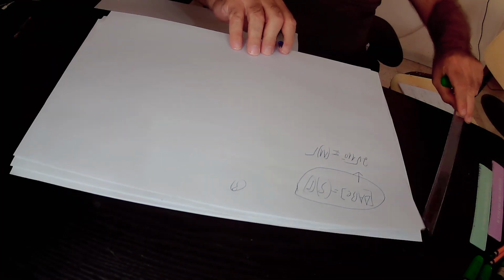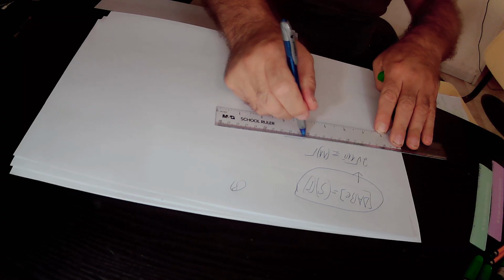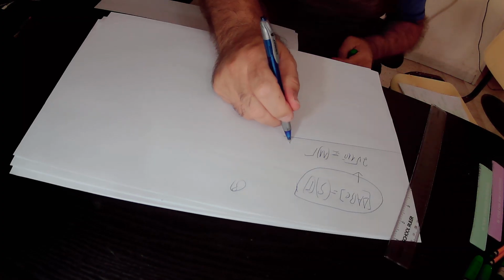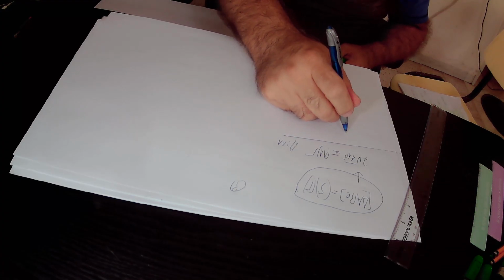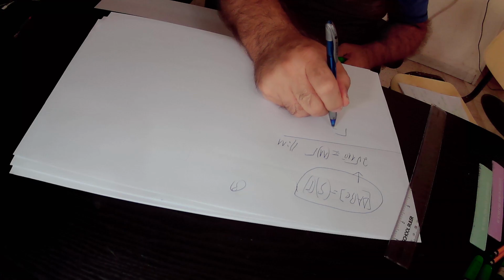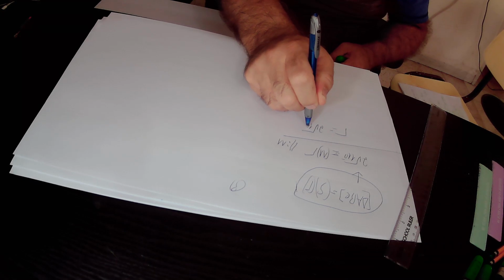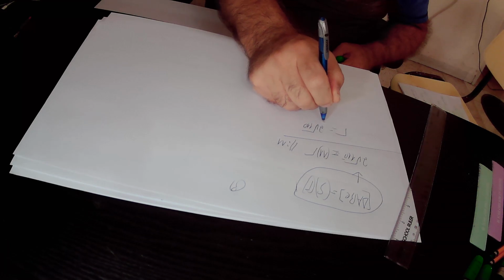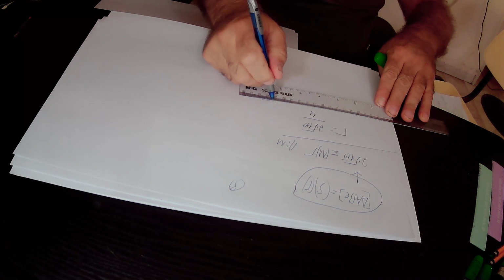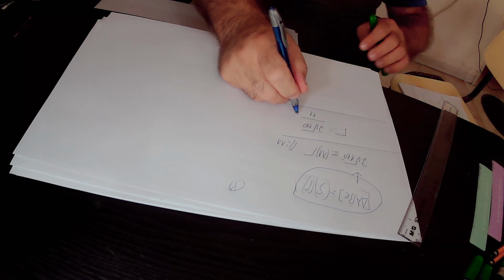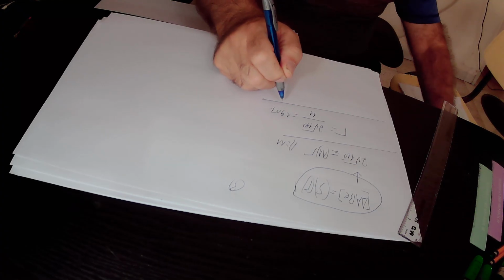So 2 times the square root of 110 equals 11 times R. Here we divide this equation by 11 and finally get that the radius of the circle inscribed in triangle ABC equals 2 times the square root of 110 over 11, which is equal to 1.907 units in length.